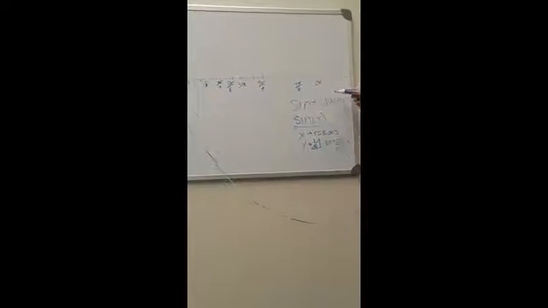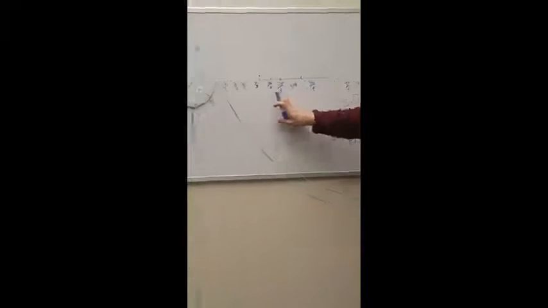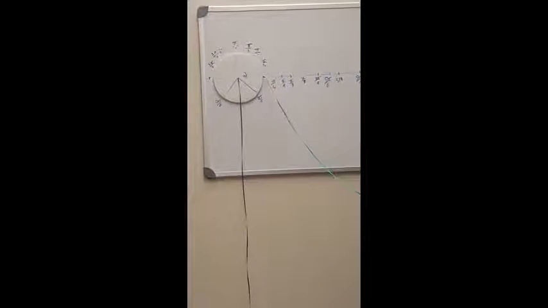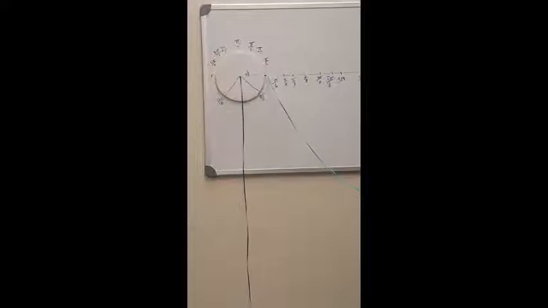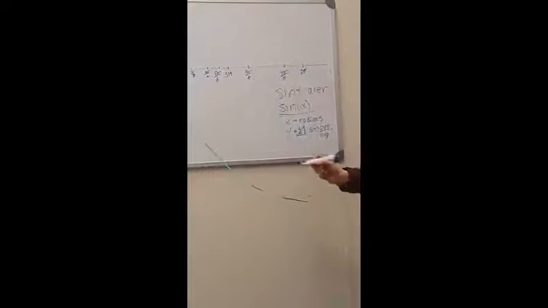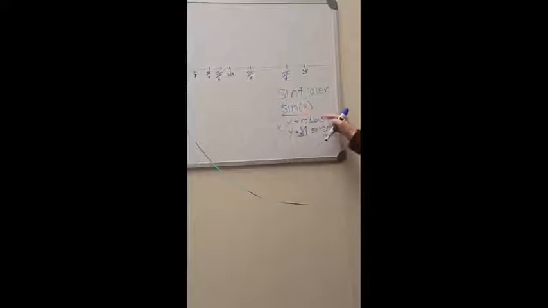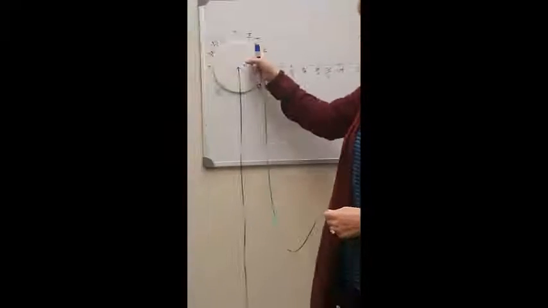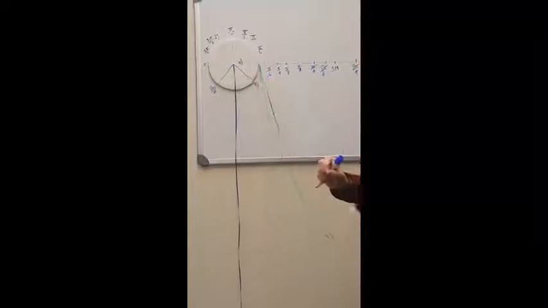So, the first thing that we've done is explain where the measurements for the x-axis come from. The radians, or the number of radiuses that the free point has traveled around a unit circle.